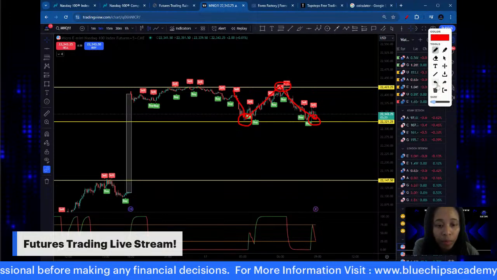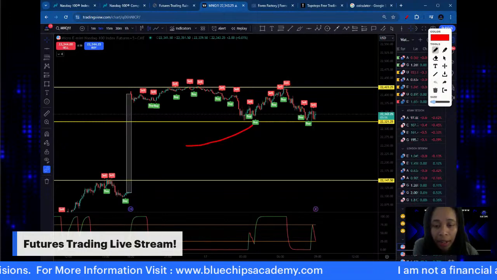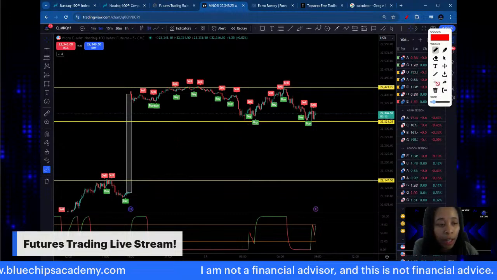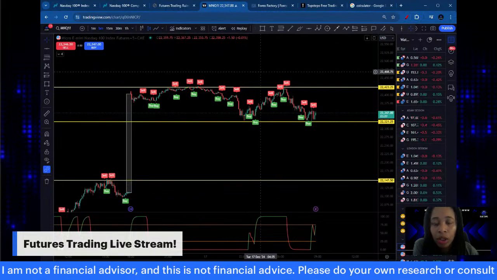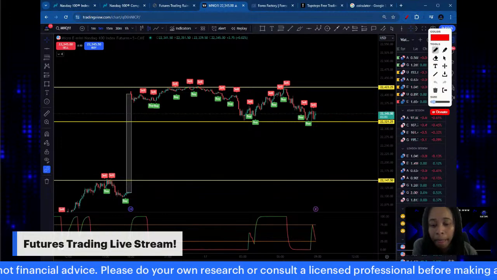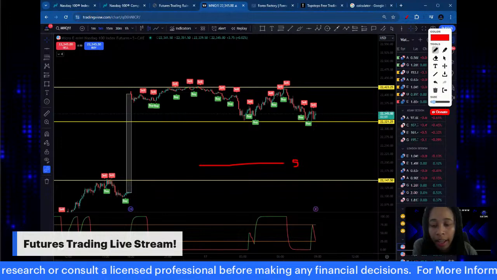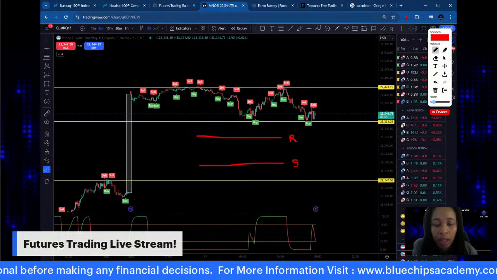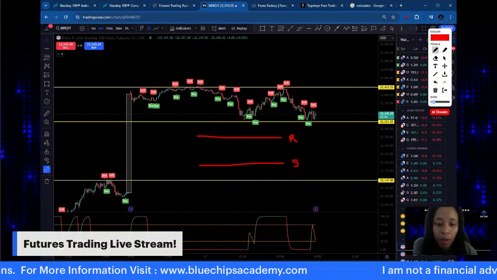So what we're looking at right now is this level right here, which is our support. When I explain support, I try to keep it very simple. Think of it like this: support is your floor. I'll put an S right here. Support is your floor, and resistance is your ceiling. Let's think of it as if you're throwing a ball.